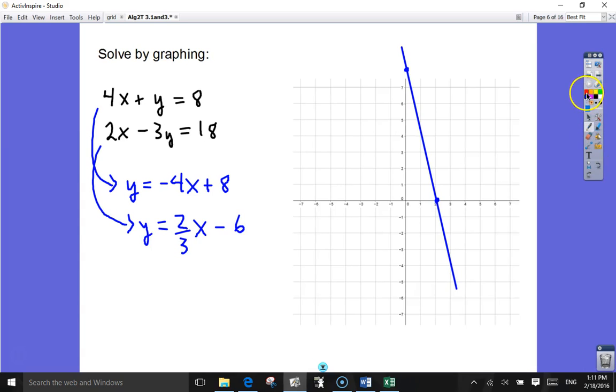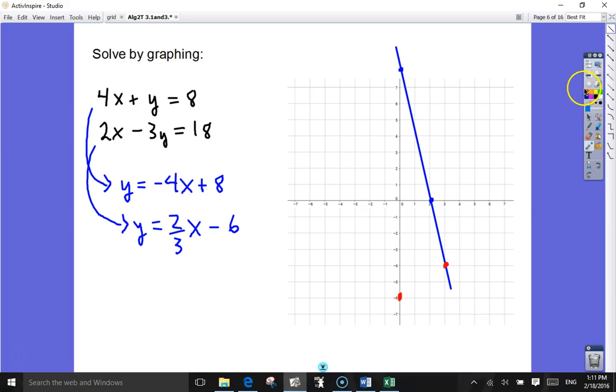The other one I'll do with slope-intercept form. y equals 2/3 x minus 6, so first the y-intercept there, and then 2/3 means up 2, right 3. Hopefully this is something you know. So there's 2 points. Connect them with a line.